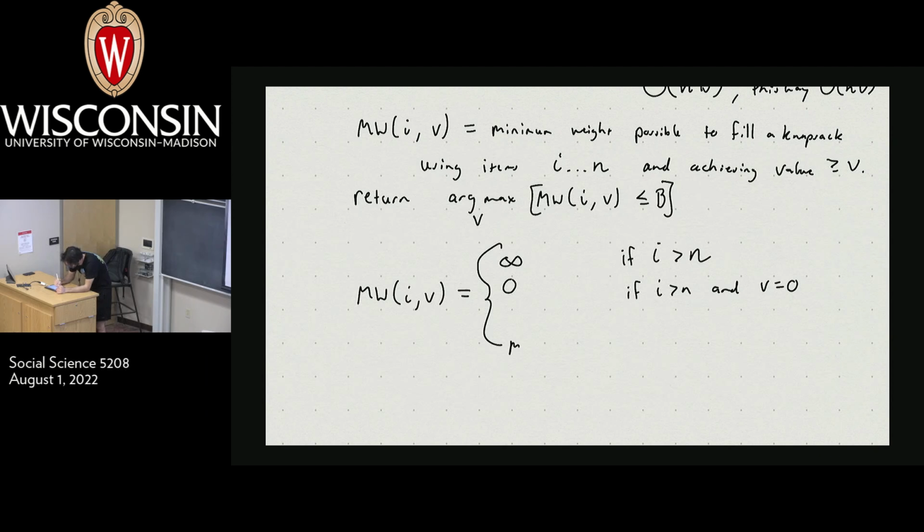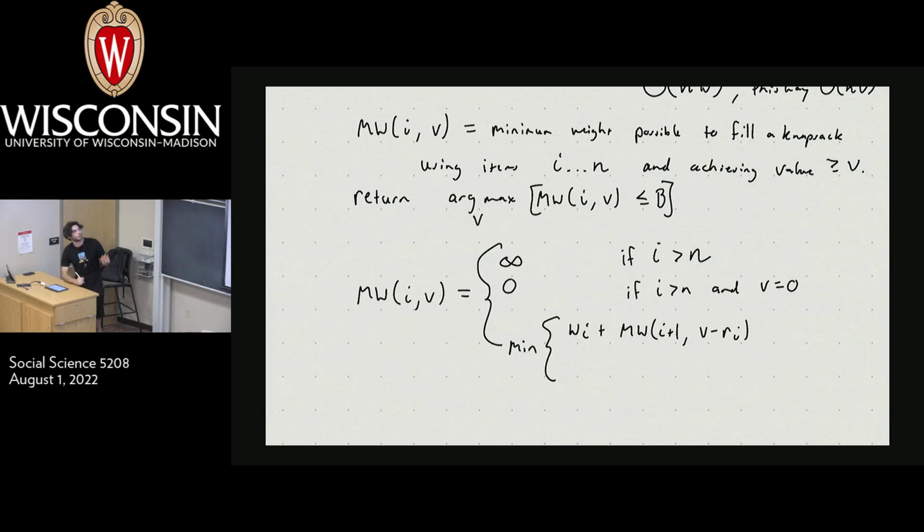Well, we have a min of, if we put it in, we get the weight of I plus the min weight of I plus 1. And then what's the new value? It's V minus the reward of I.